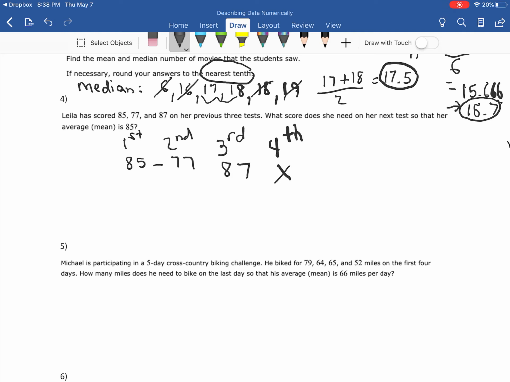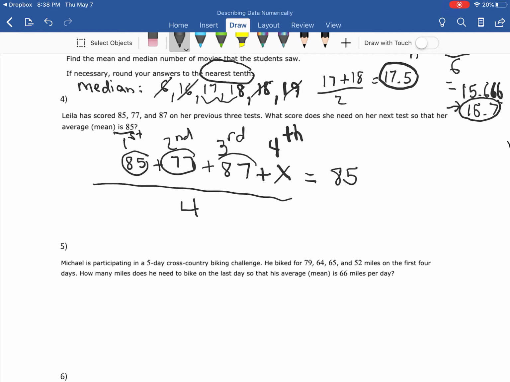How would we get the mean of that? Well, I take 85 plus 77 plus 87 plus the score we don't know. And when we divide that by the 4 tests she has, that must be equal to 85. Okay, so let's clean this up. We have like terms over here, 85, 77, 87.